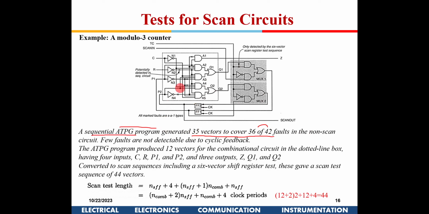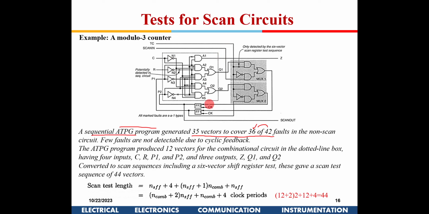Because if you see in this particular circuit, it is cyclic in nature, so there is a feedback path also available, and hence there were 6 faults which were not detectable, and 36 faults were detectable.